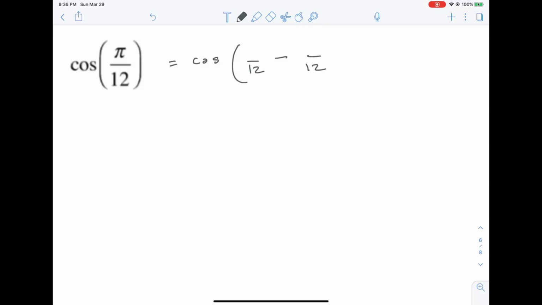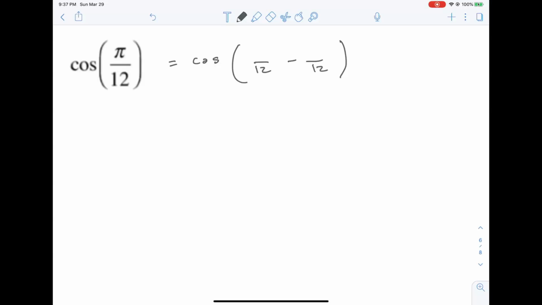Would 2 pi over 12 minus pi over 12 actually work? Those subtract to be pi over 12, but pi over 12 is not on the unit circle. 2 pi over 12 is because it reduces to pi over 6, but that would be a bad split up. So we'll try something else.